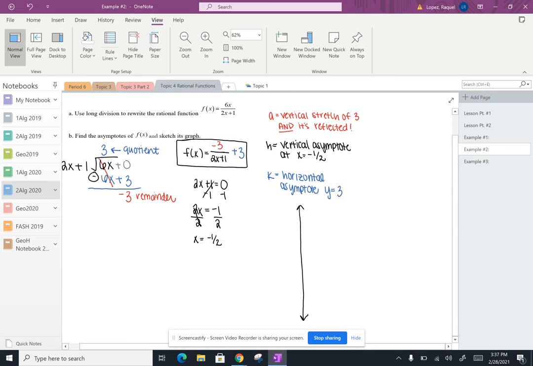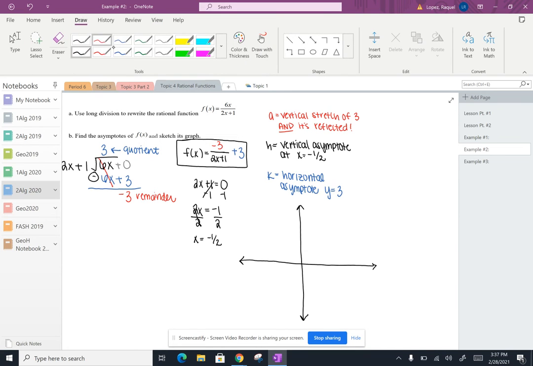So I'm going to make my x and y axes. And then I'm going to draw dotted lines for my asymptotes. So I've got one at x equals negative 1/2. That's the equation of that asymptote. I've also got a horizontal asymptote at y equals 3.